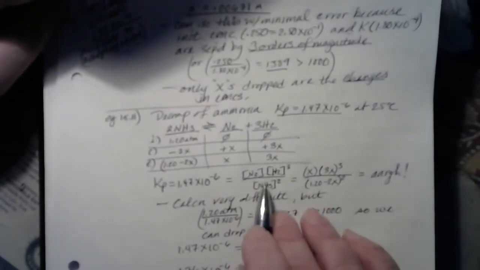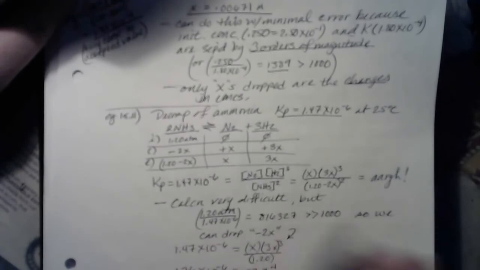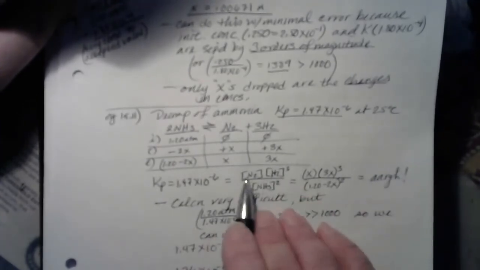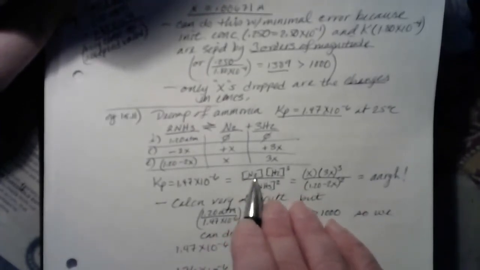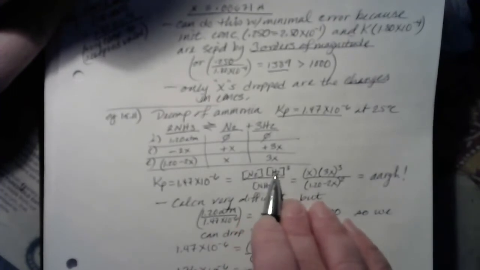That's okay, as long as you realize that these are pressures and you put the right numbers in the right places. So it's the partial pressure of N2 times the partial pressure of H2 to the 3rd power, because the coefficient in the equation is 3, over the partial pressure of NH3 squared.